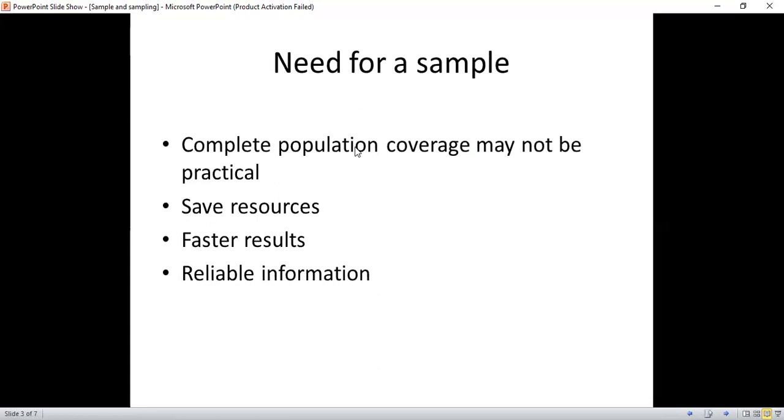So in this case, what is more feasible is to take a sample, make sure that it is a good representative of the entire population, and derive results from that. In that way, we save a lot of resources like time and other economic or financial resources as well.